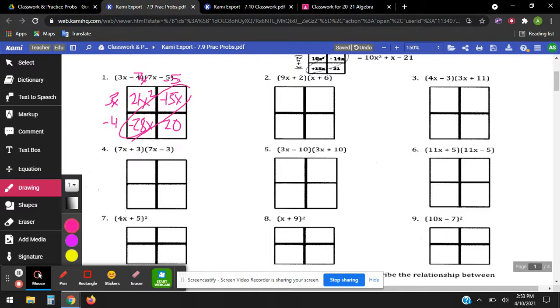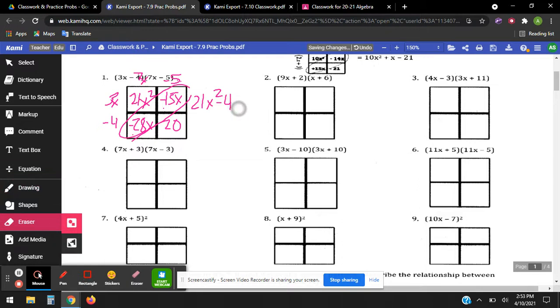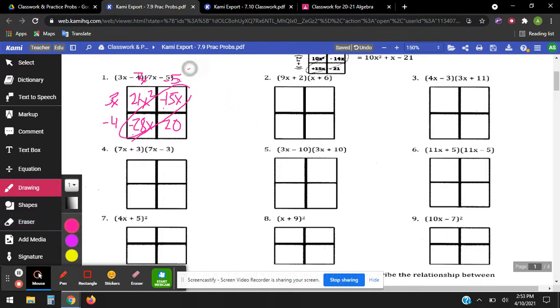So if I take these two, I know I have 21x squared, negative 28 plus a negative 15 is a negative 43, x plus 20. I don't get a whole lot of space for that. Let me write that a little bit smaller since I'm running into number 2. Okay, so this one's going to be 21x squared minus 43x plus 20.